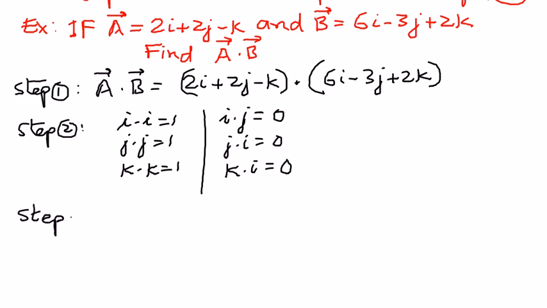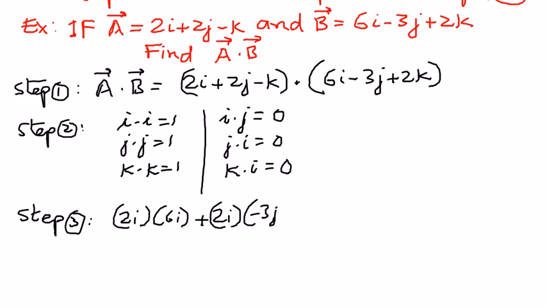So step number 3, we're going to then multiply them out. So 2i times 6i plus 2i times negative 3j plus 2i times 2k.